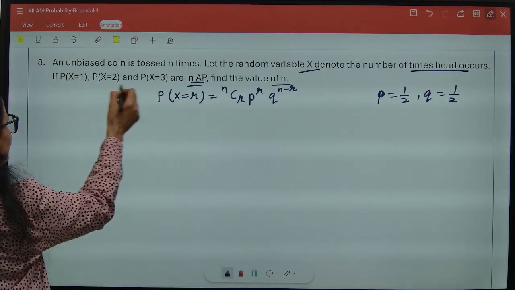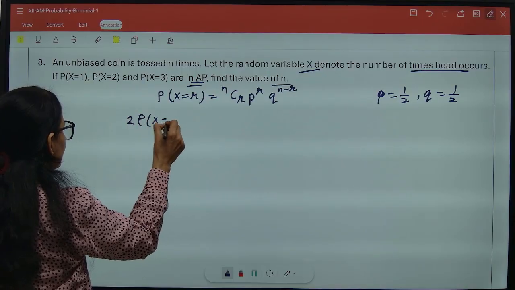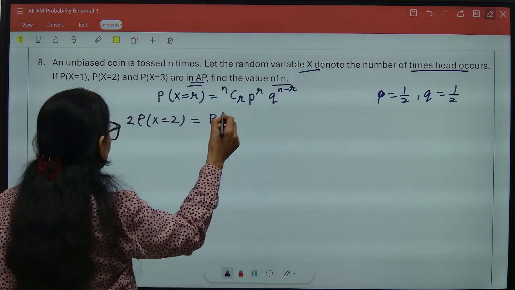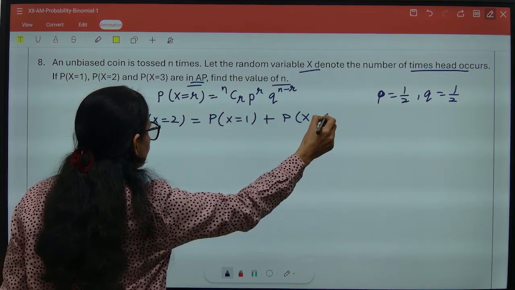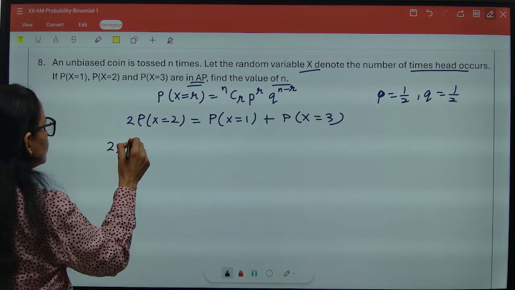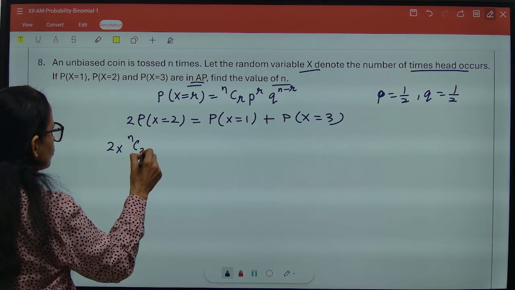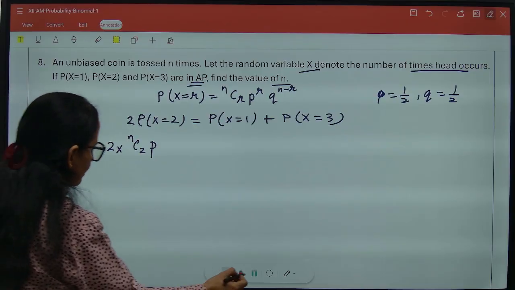Now because all these 3 are in AP, that means 2 times the probability of x being equal to 2 is equal to the sum of x being equal to 1 and x being equal to 3. So what is this? 2 into NC2 p to the power 2. P and q both are same and both are half.